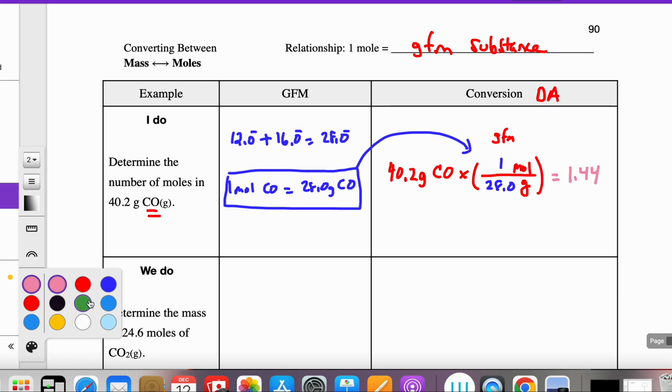So I have gram times mole divided by grams. I have a grams upstairs and a grams downstairs, so I'm allowed to cross them off. They reduce to 1. So the grams are no longer present, and my only unit that remains is the mole. So I have 1.44 moles of carbon monoxide.